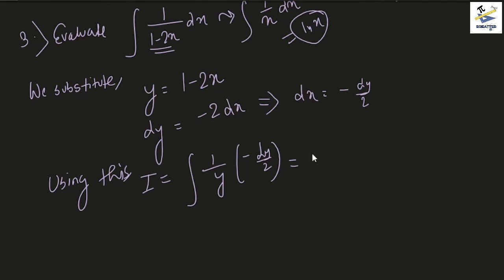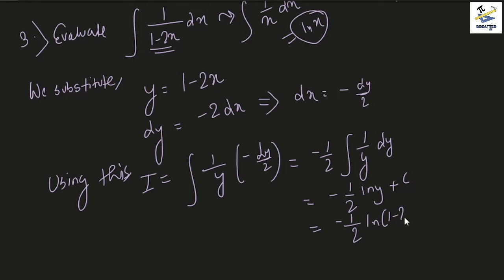And so the constant minus 1 by 2 comes out, and we have the integral of 1 by y dy. Now this would give us minus 1 by 2 ln of y plus c, and it's time to put back what we have substituted, which gives us minus 1 by 2 ln of (1 minus 2x) plus c.